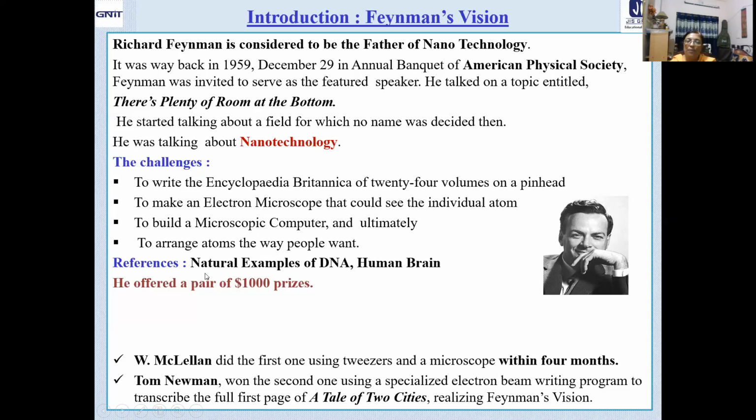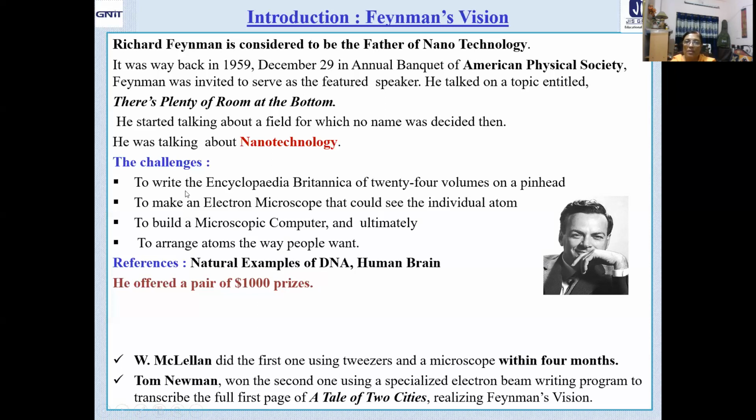Now, as references, he cited a few natural phenomena, the components in our body in the form of DNA and the human brain, where we all know that miniaturization was wildly successful.